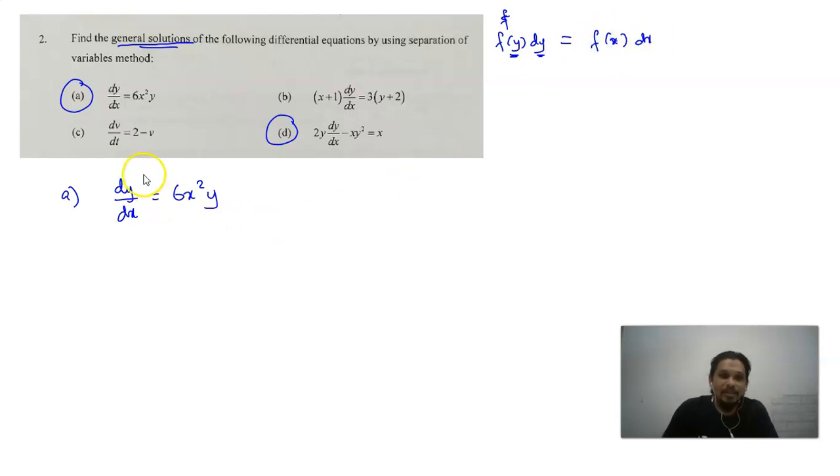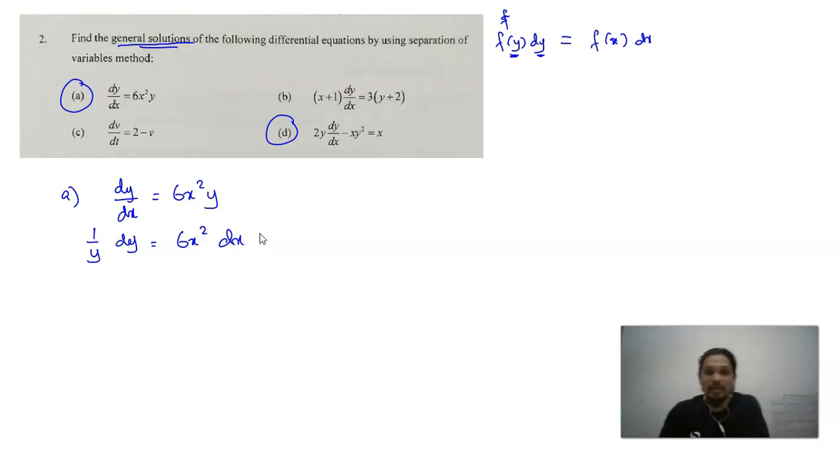Okay, so now this is the left side of y. I define this on the left side as a function of y, and on the other side is a function of x. So in here we divide by y, so we come up with 1 over y dy, then 6x squared dx.